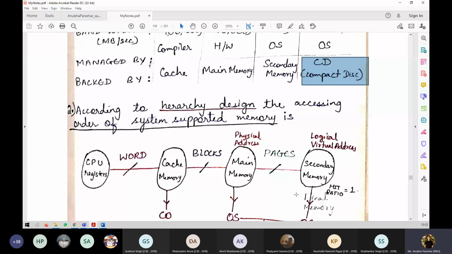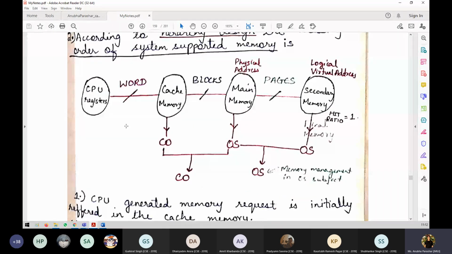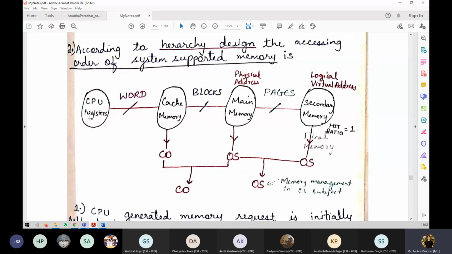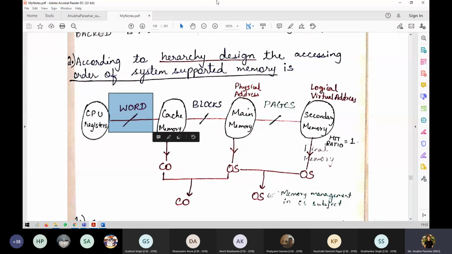Now according to the hierarchy design, CPU or registers generally have words, right? So they generate word requests. Then cache memory is given in blocks. Main memory, this you will study in your operating system as well.